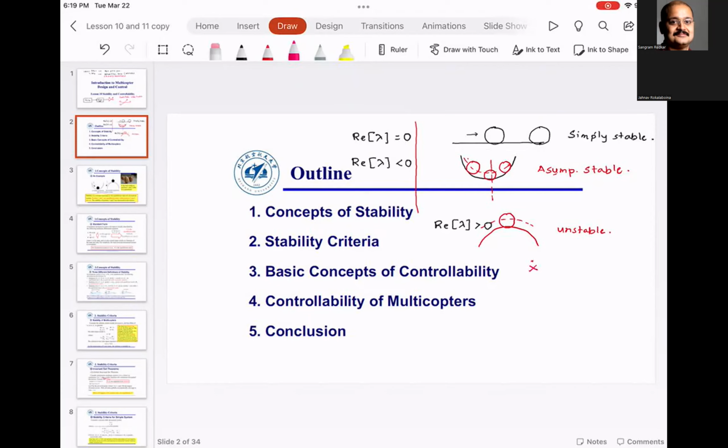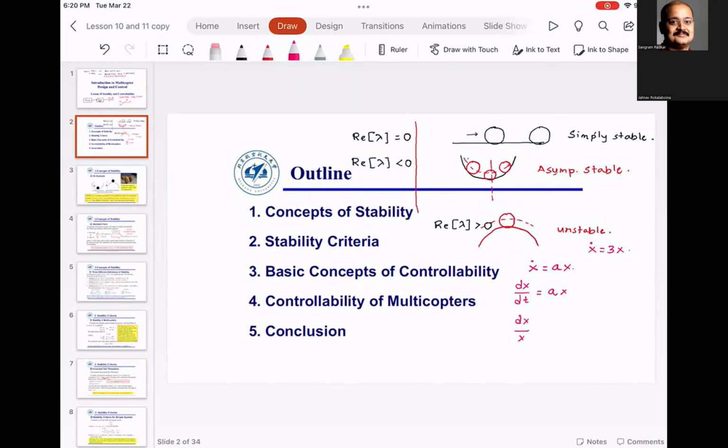So x dot is equal to ax. A is a number which is like 5, 6, 7, 8. So x dot is equal to say 3x, which is dx by dt is equal to ax.